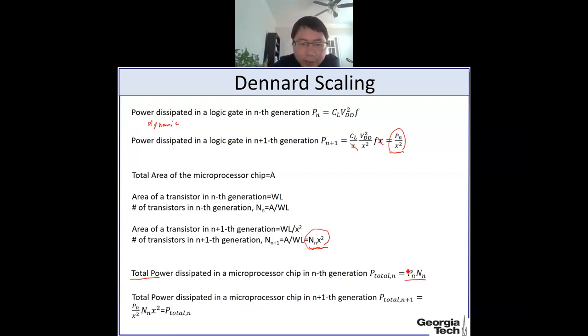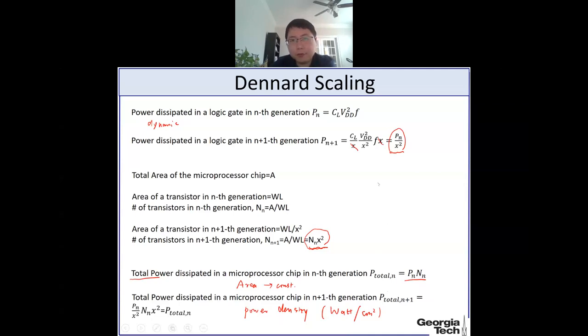And here we assume the chip area is the same. We assume the chip area is a constant. So that means the power density, which is measured in units of watts divided by centimeter squared, does not change for the total chip.